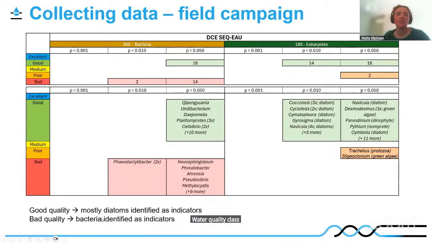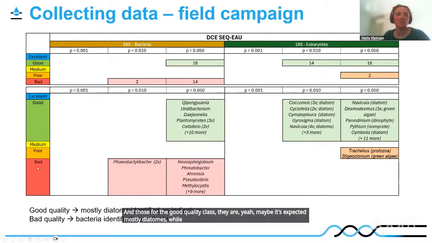Those for the good quality class were, maybe as expected, mostly diatoms, while in the bad water quality class, we identified mostly bacteria.